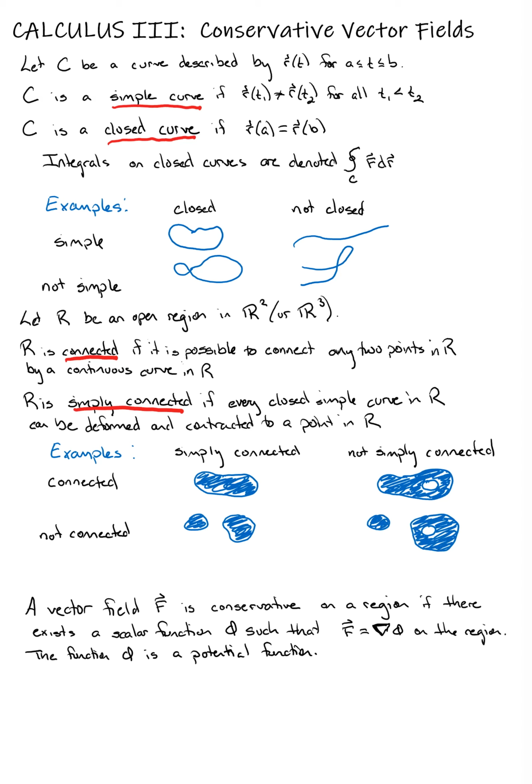All right, now we can say that a vector field F we'll call conservative on the region if there exists a scalar function phi such that F can be written as the gradient of phi.